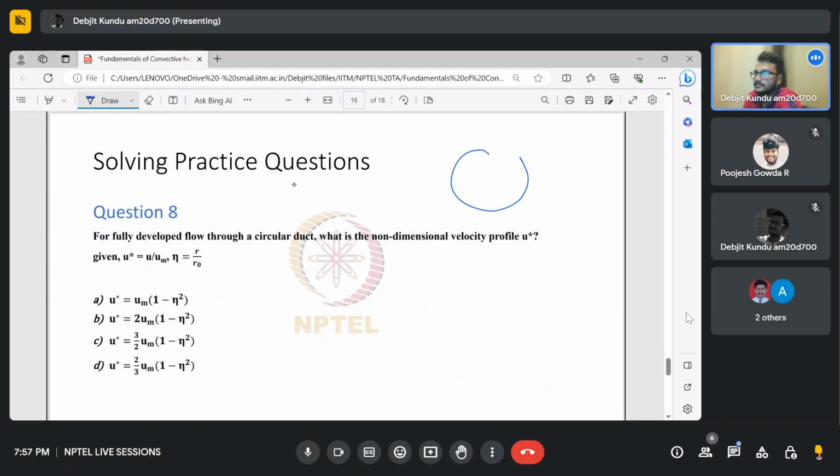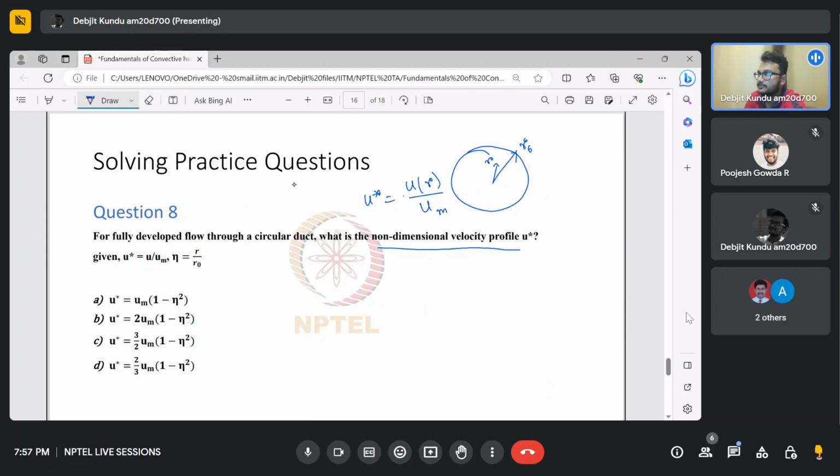So imagine this is the circular duct, this is r0, this is r, and u star is given as some u, which is a function of r, divided by u mean, which is a constant number for fully developed flow. It does not depend on any variables. So, what would the non-dimensional velocity profile look like?